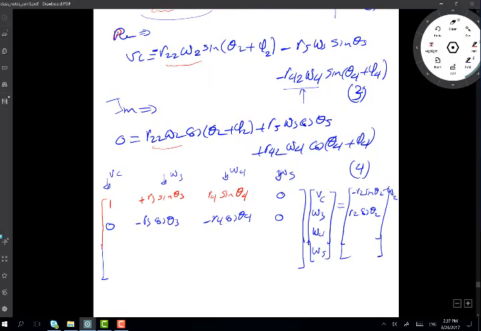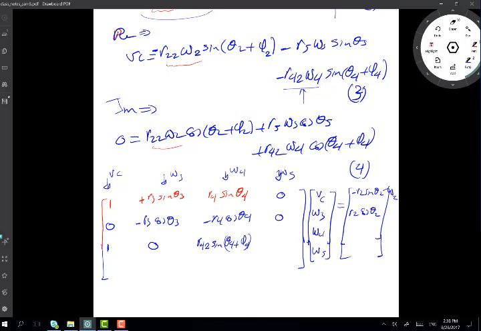And then the third equation. VC is multiplied by 1, and I grab omega 4 to the other side. Omega 3 doesn't appear, so omega 3 would be 0. Omega 4 will have R4 sine theta 4 plus phi 4, and this will be this term.